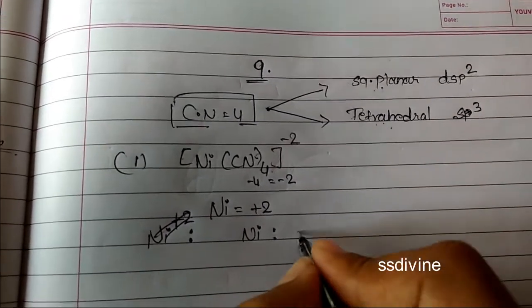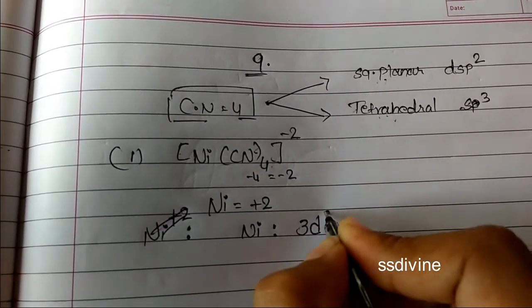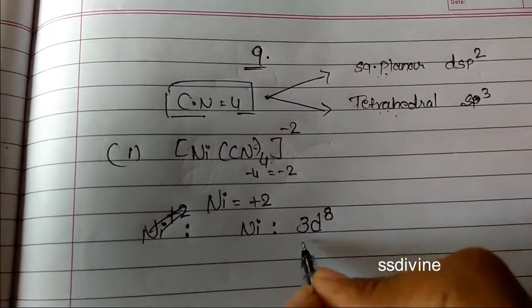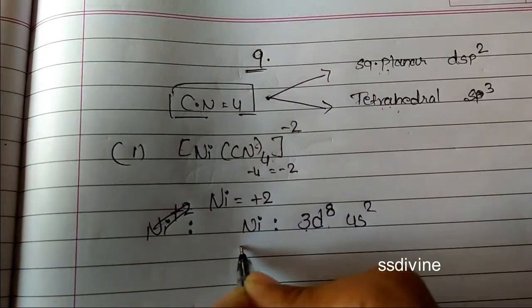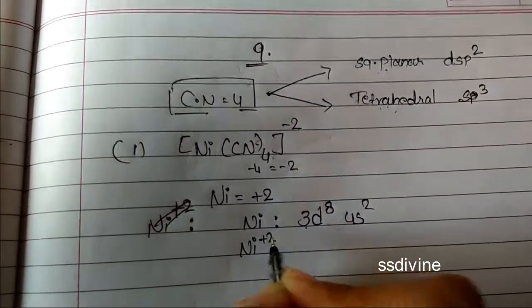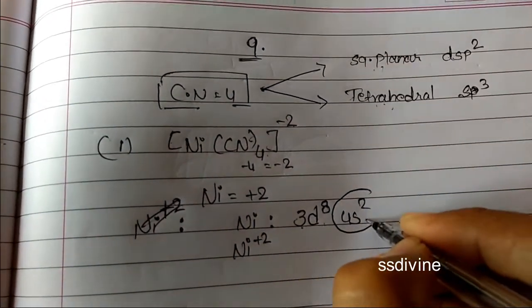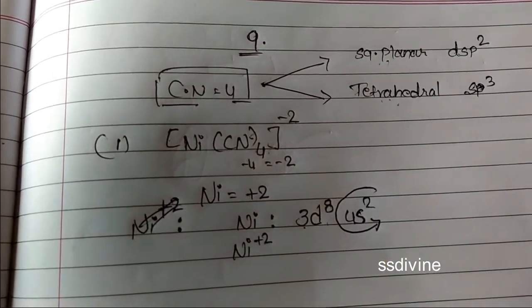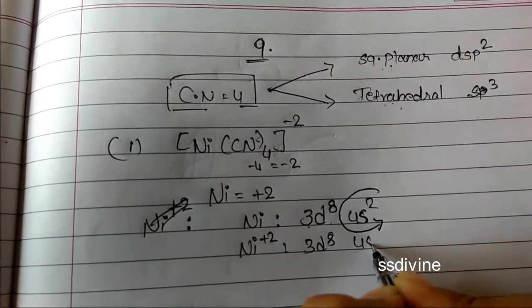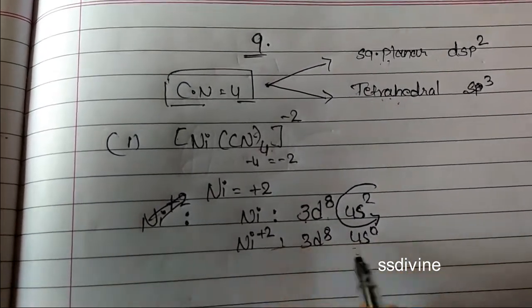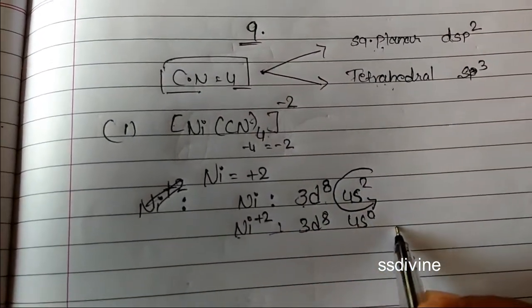Nickel's atomic number is 28, so the electronic configuration will be 3d8 4s2. In nickel plus 2 state, it will remove these 2 electrons of s orbital. So we'll get 3d8 4s0. So this is the Ni2+ state.